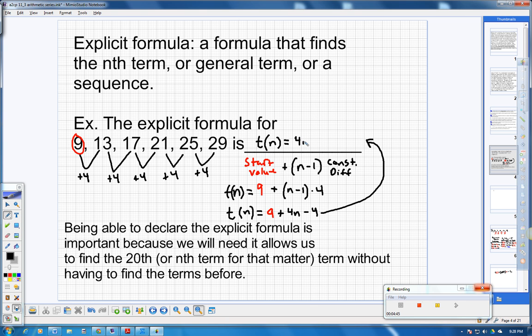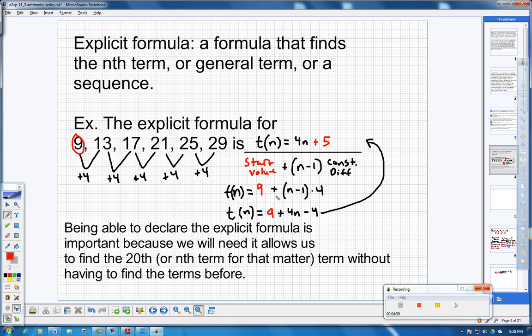Oh, how I love slope-intercept form. 4n, and then plus 5. And you could go ahead and check that. For the 100th term, if you plug 100 in here and take 99 times 4 and add 9, that's going to be the exact same as 100 times 4 and then plus 5, so 405.